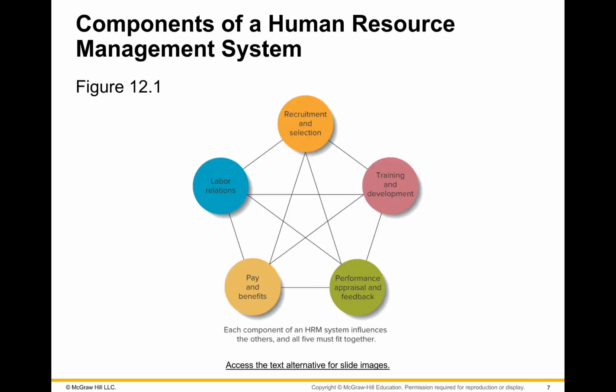So these are the components of a human resource management system. There are 5 components: recruitment and selection, training and development, performance appraisal and feedback, pay and benefits, and labor relations.